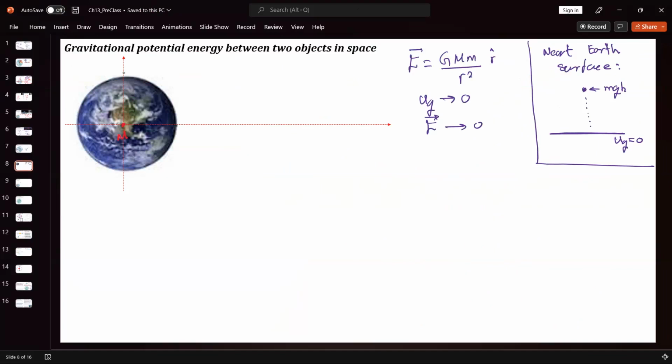That's going to be the mass of the Earth concentrated. Then if I consider another small mass, its gravitational potential energy can become zero only under one condition, when the radius is infinity.